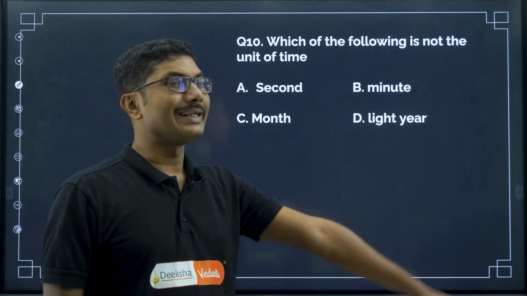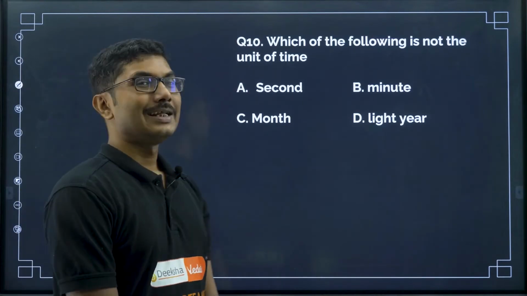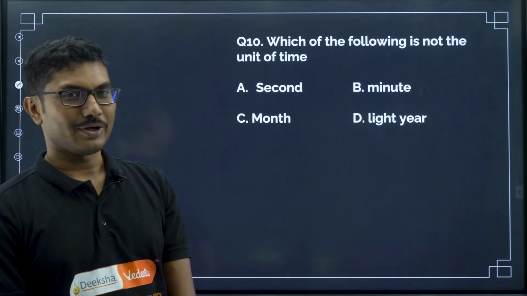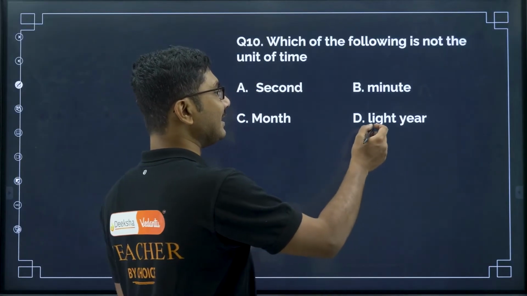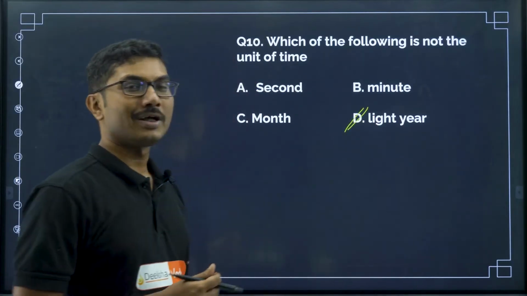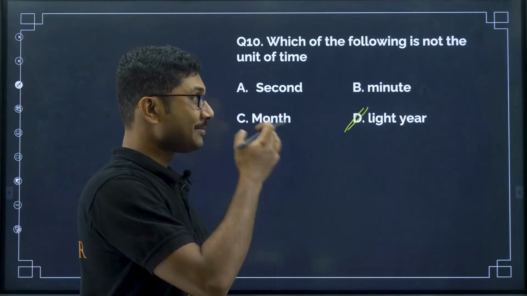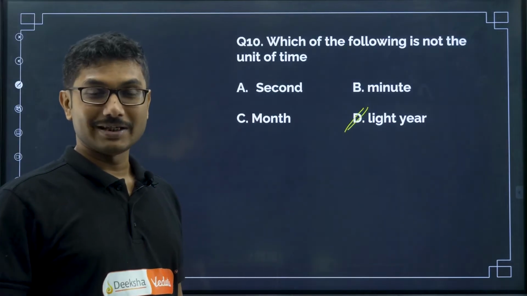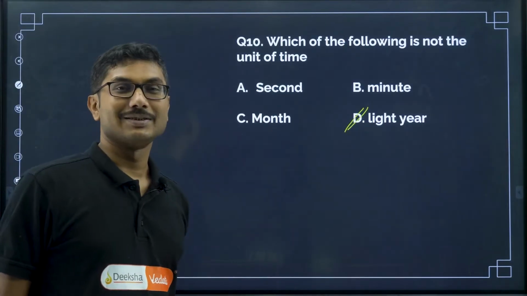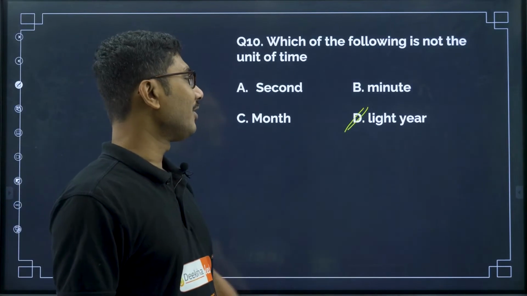But what about light year? Light year is the distance traveled by light in 1 year, so it is basically a unit of distance. So this is not a unit of time. Clear? Even though year is a unit of time, light year is not a unit of time, it is a unit of distance.